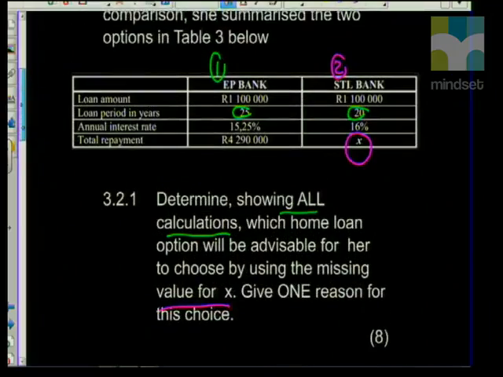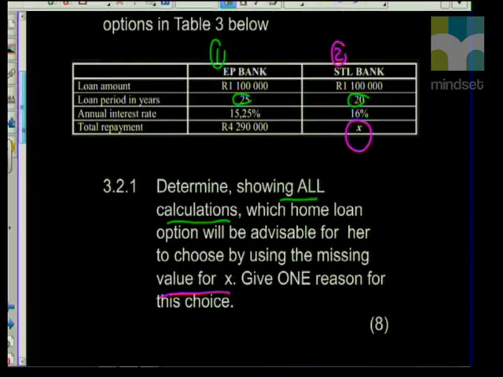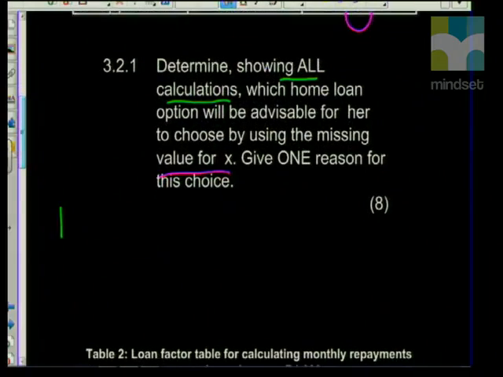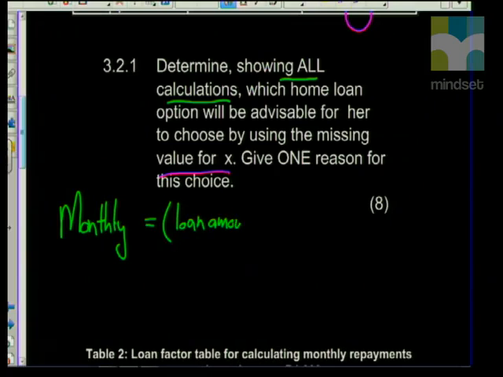Now remember that we can find the value of x, which is the total amount that needs to be repaid, by working out the monthly repayments first of all. So what are the monthly repayments? Monthly repayments are the loan amount divided by 1,000 multiplied by my factor.